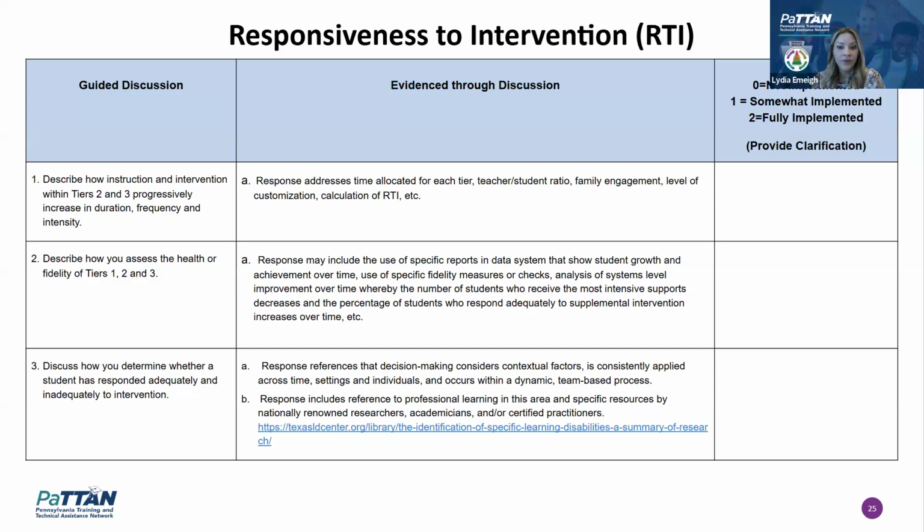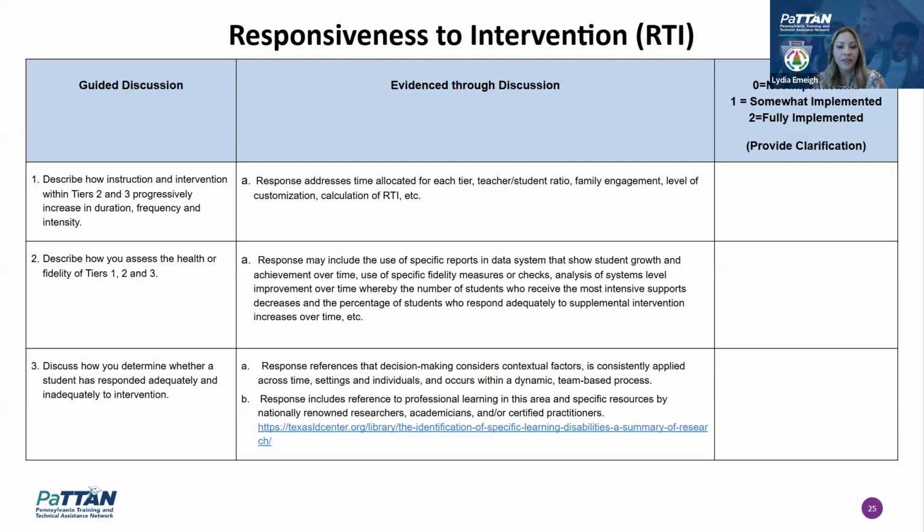For example, this may include examining whether the number of students needing the most intensive supports has decreased, and whether the percentage of students responding adequately to supplemental interventions has increased over time. How adequate and inadequate responses to intervention are defined should also be considered.